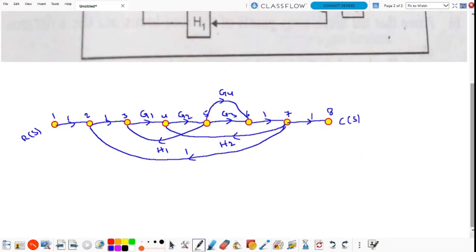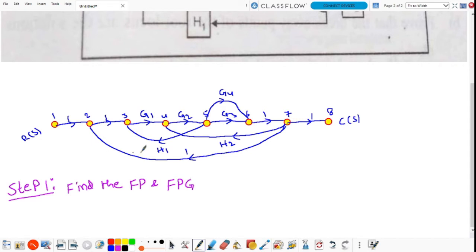So using the signal flow graph procedure, find out the transfer function of the system. Step 1: find the forward paths and forward path gains. A forward path is a path from input node to output node that does not cross any node more than once.